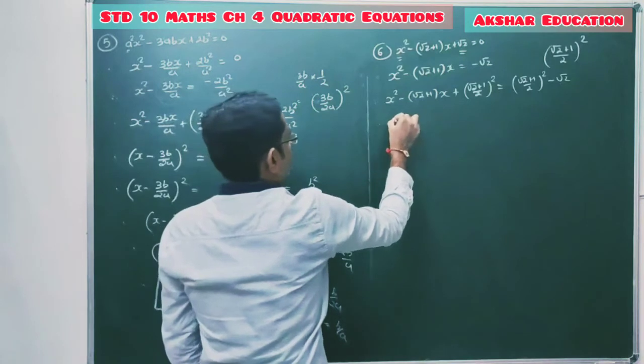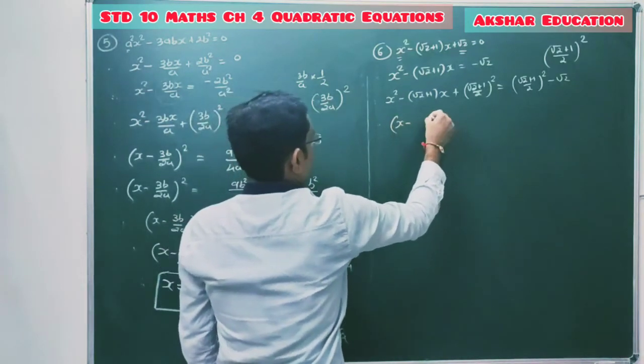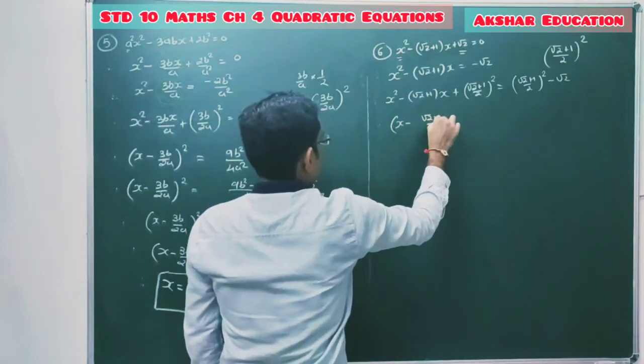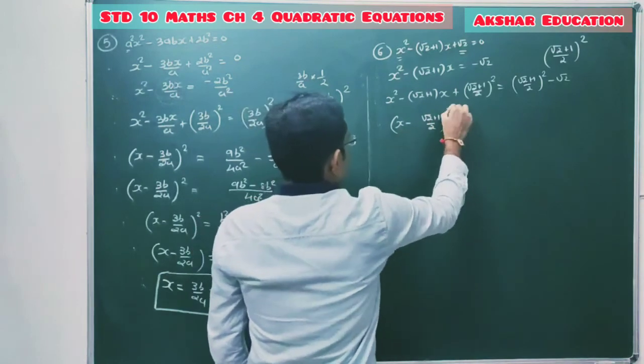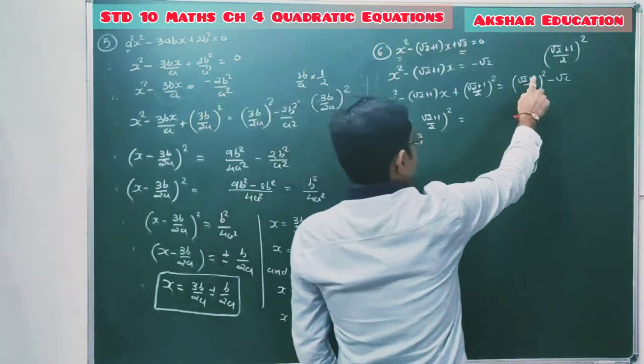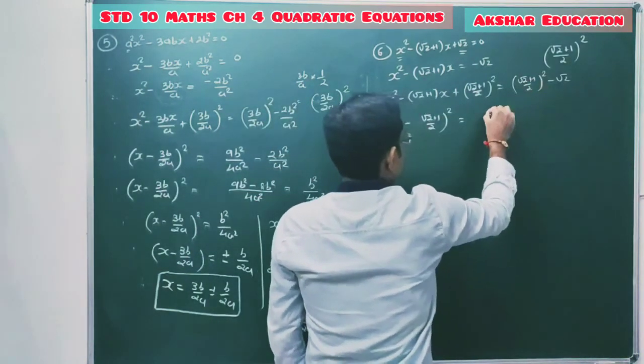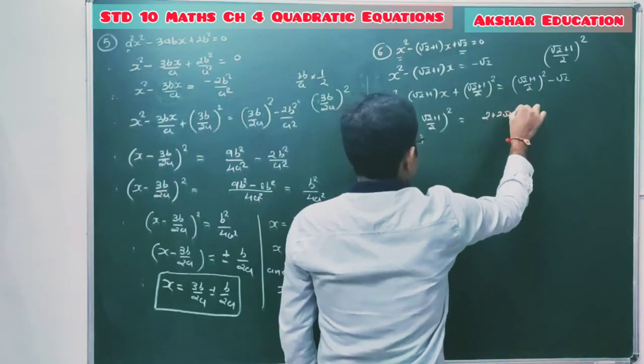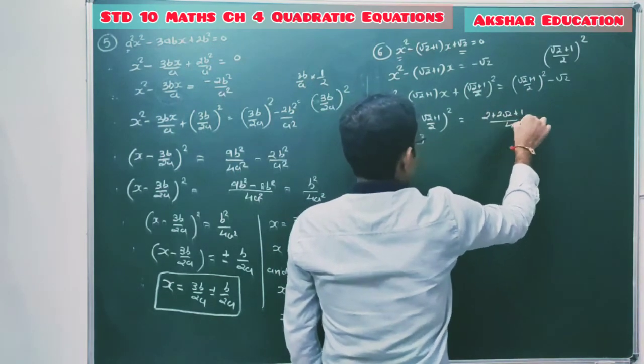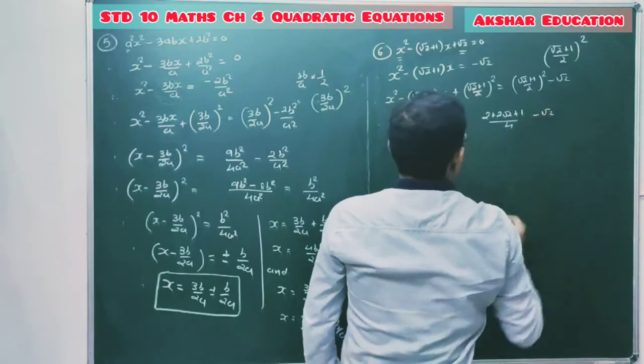So here factorization gives (x minus (root 2 plus 1) by 2) whole square equal to (root 2 plus 1) whole square, which is 2 plus 2 root 2 plus 1, divided by 4, minus root 2.